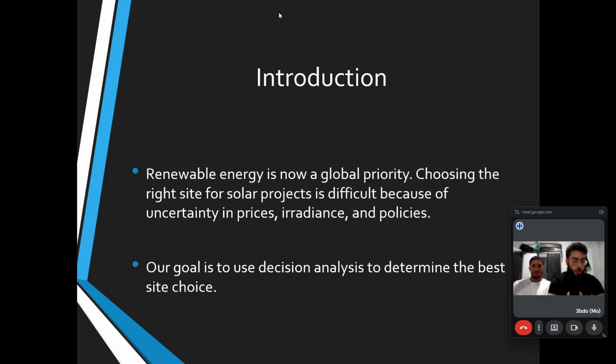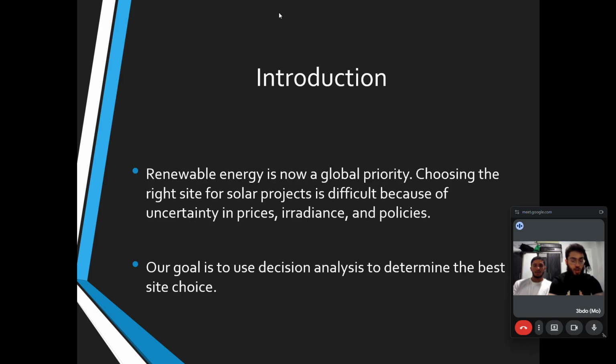So we will present our project on solar farm site selection using decision analysis methods that we've learned throughout the semester. We'll define the problem, show our analysis using expected monetary value, utility, sensitivity tests, and finally share our conclusions and recommendations.